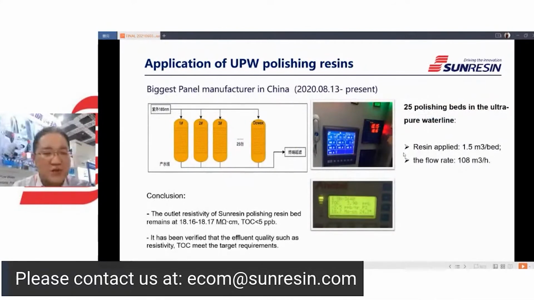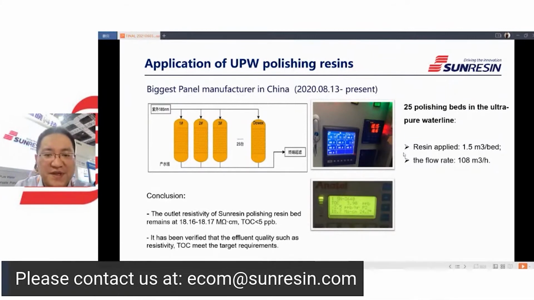Our UPW resin has also been applied in the largest panel manufacturer in China. This factory has 25 polishing beds in the ultra-pure water line, and each bed uses 1.5 cubic meters of resin. The flow rate is 180 cubic meters per hour.